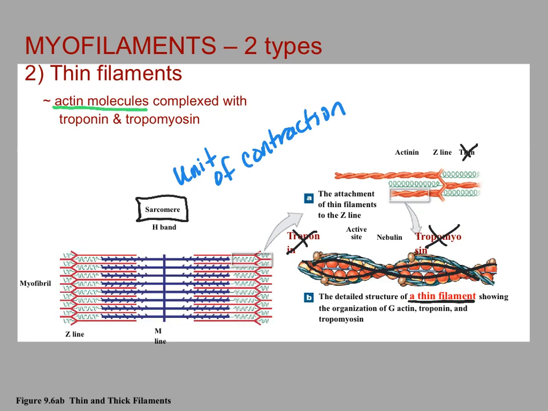So a sarcomere is marked by some landmarks here. At one end of a sarcomere, there's what we call a Z line, that zigzag line. And on the other end of the sarcomere, there's another Z line. And in the middle, there is another protein that acts as an anchorage protein; that middle line is called the M line.